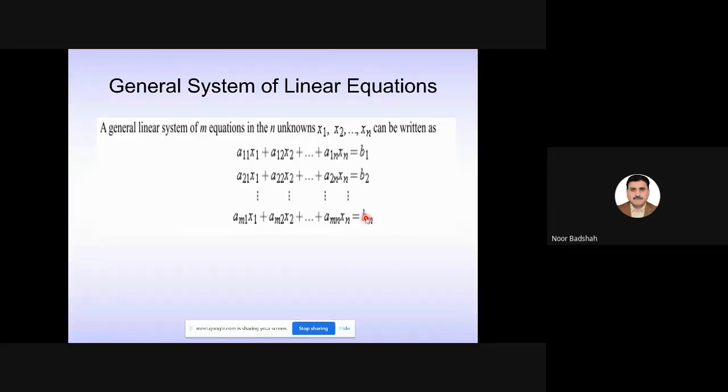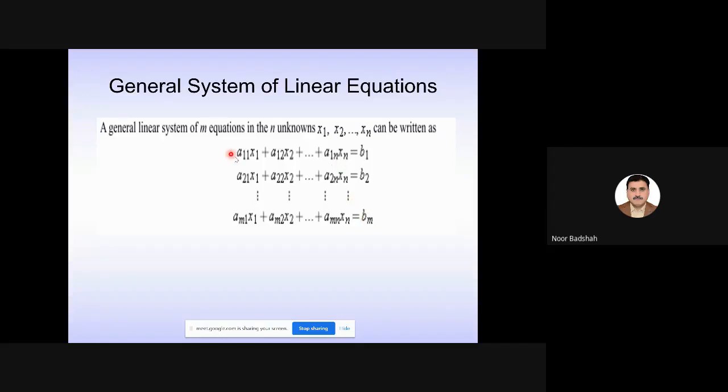Usually in calculus, we discuss curves, bending, curvatures, etc. Whereas in linear algebra, we talk about flatness. Everything should be flat. Right.